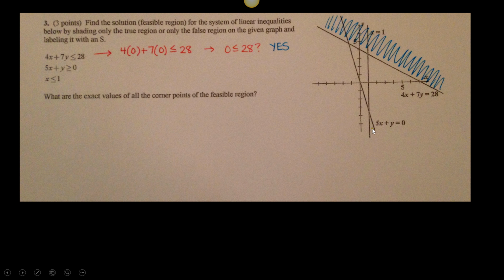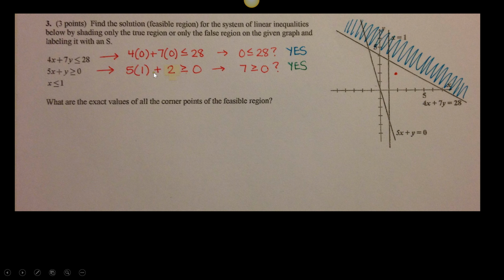Then we have 5x plus y is greater than or equal to 0, okay? Now we can't pick 0, 0 in this case because it's on our line, so we need to pick another point. I'm going to pick 1, 2, okay? So that's the point I'm plugging in. I'm plugging in a 1 for x and a 2 for y. So if I do that, I get 5 plus 2 is greater than or equal to 0.